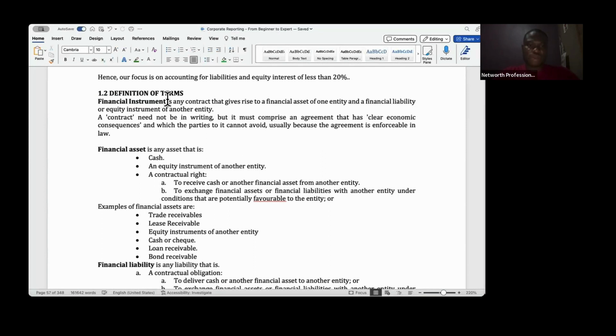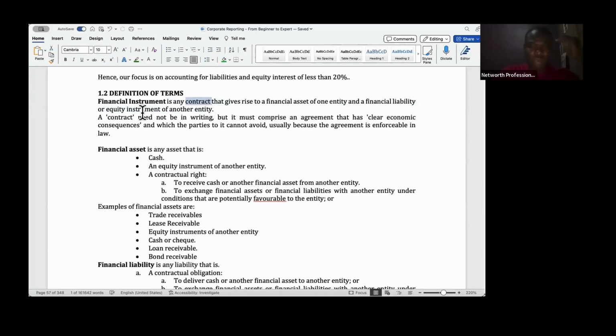This is the definition given by the standard, which you also have to know. Looking at this definition, the first thing is that it says a financial instrument is a contract. So what we call a financial instrument starts with the existence of a contract.